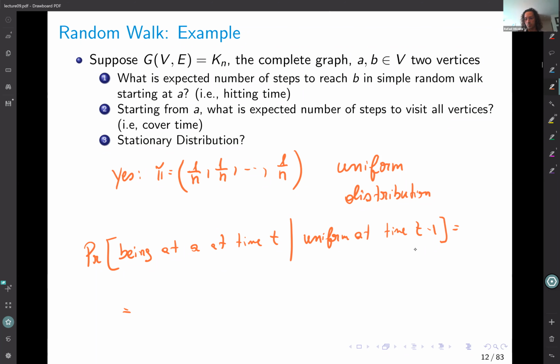I'm uniform already at the current time, so what's the probability of me being at a vertex A at time t? It's 1/n. But how do you find this value? Why is it 1/n?